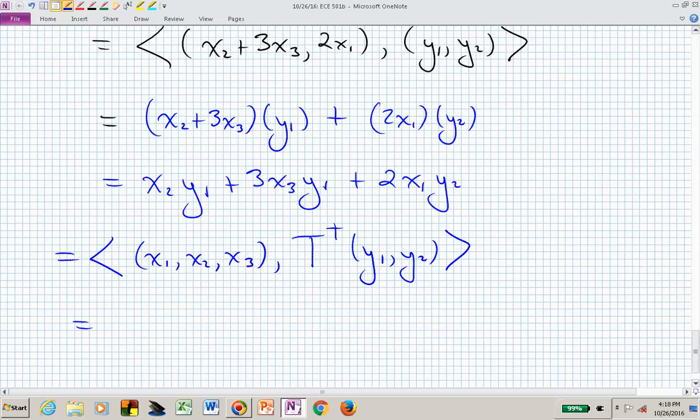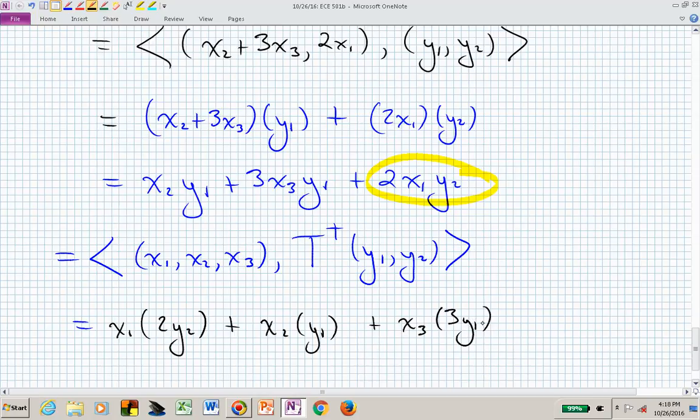Let me now take this piece, there's an x1, and write that as x1 times 2y sub 2 plus x sub 2 times y1 plus x sub 3 times 3y1.